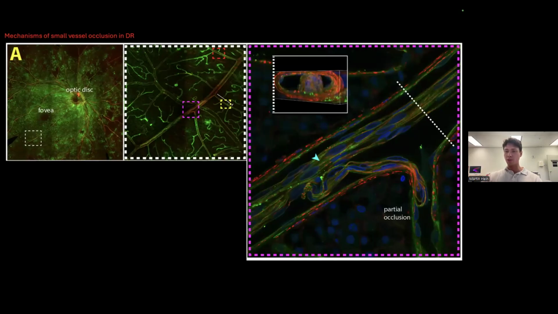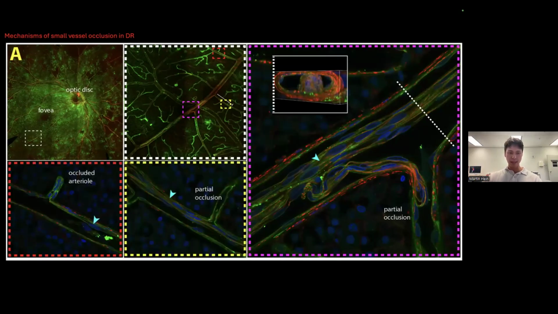And if you look at this cross section, which is the white dotted line you see there of the arteriole, you can see this mass of endothelial cells is almost occluding the lumen of the artery by 50%. And these yellow and red insets just show that same proliferation extended towards arterioles and almost plugging them, causing complete or partial occlusions within the macula.